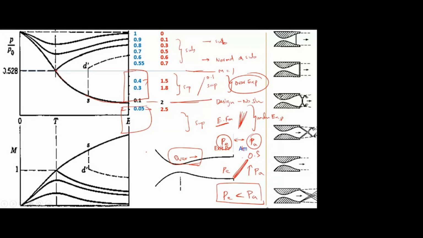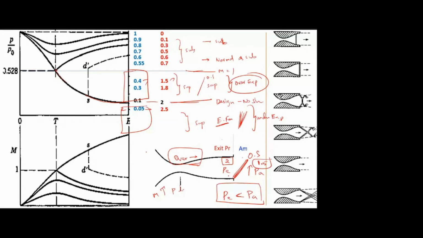Do you understand or should I repeat it? Even in terms of Mach number, I said this is accelerated to 2, but outside the pressure is such that I am getting Mach number 1.5. You know, if the Mach number increases, pressure will decrease, right?